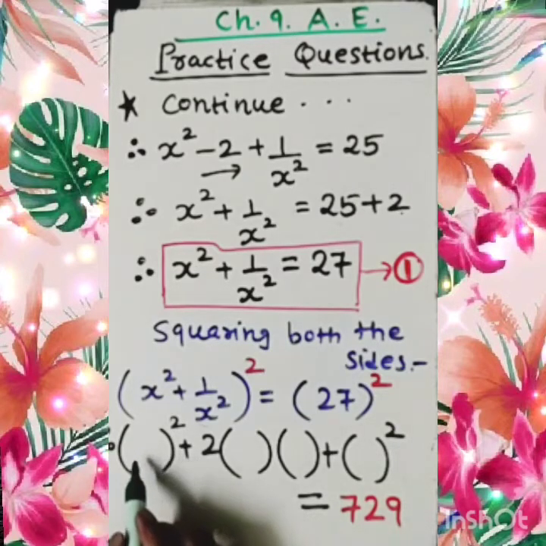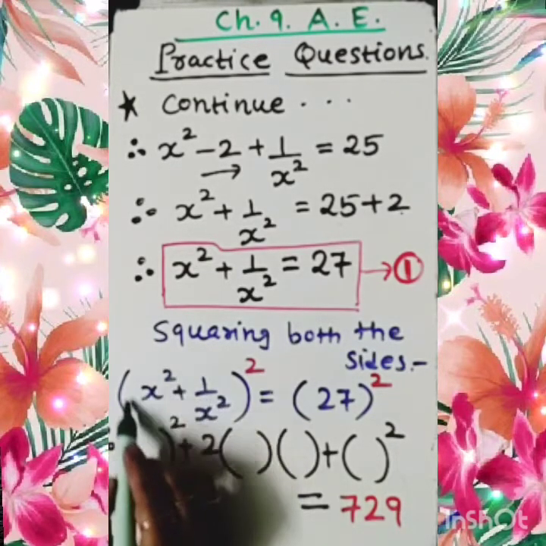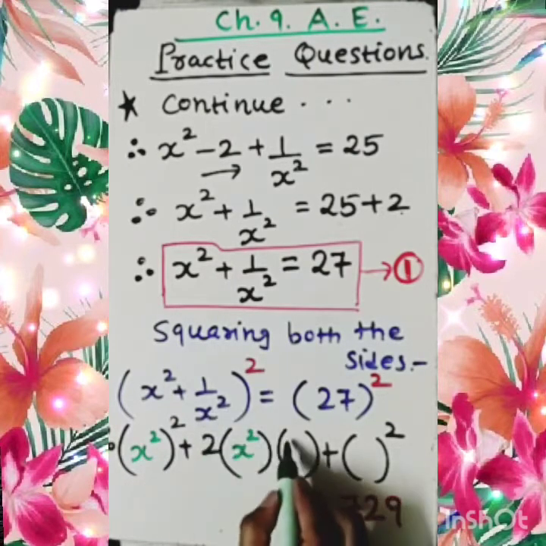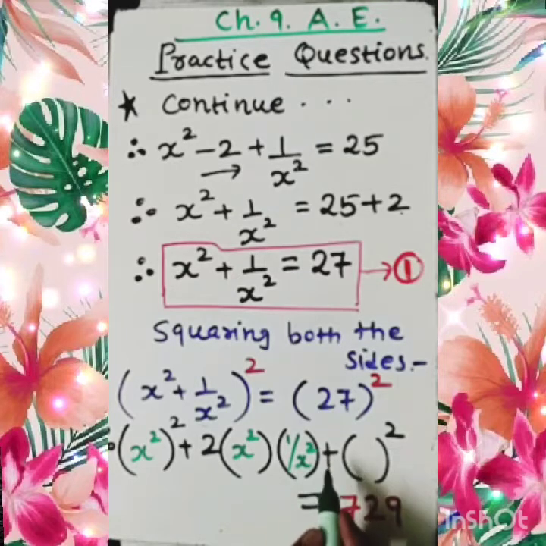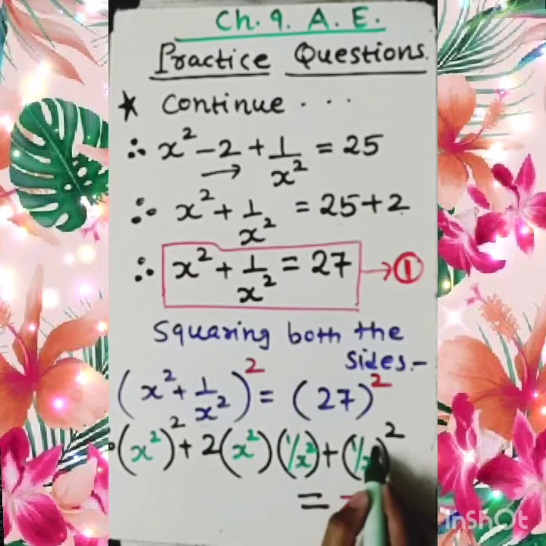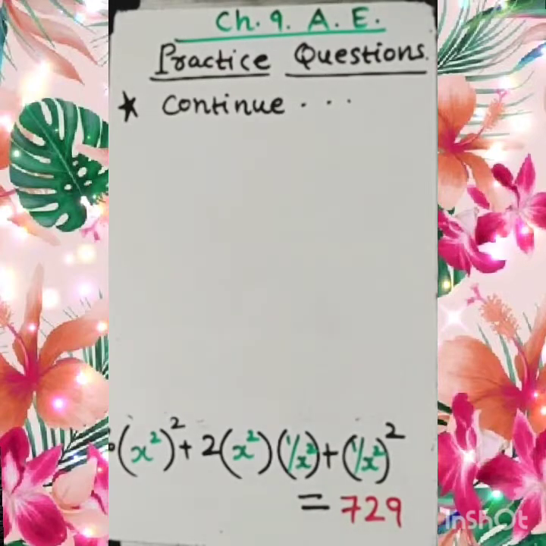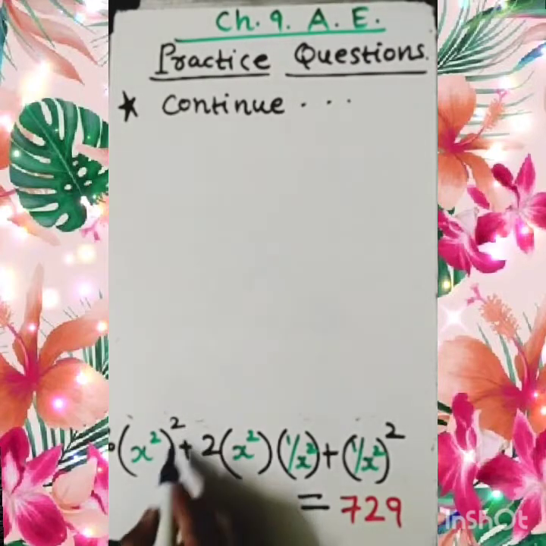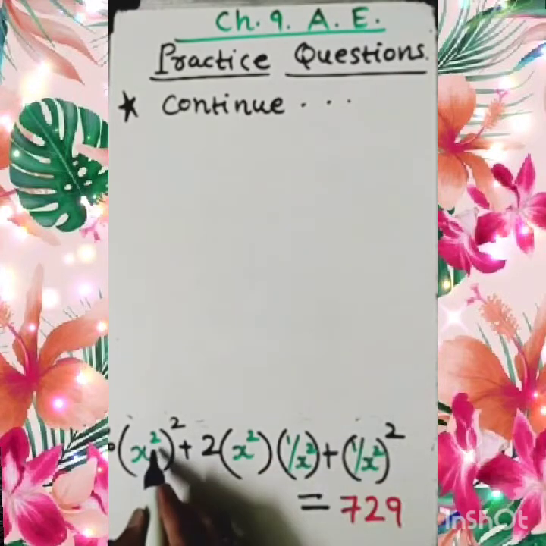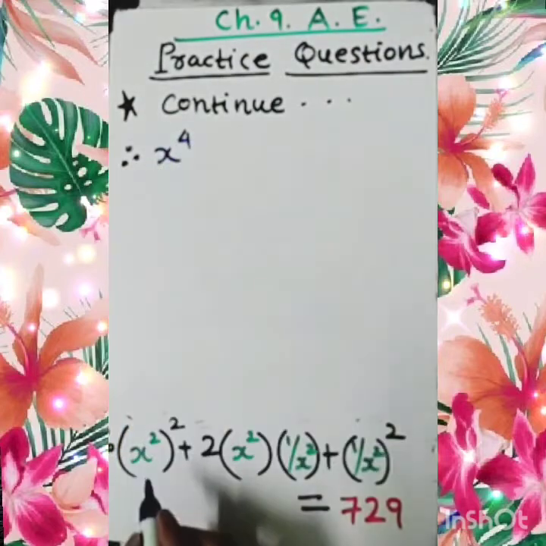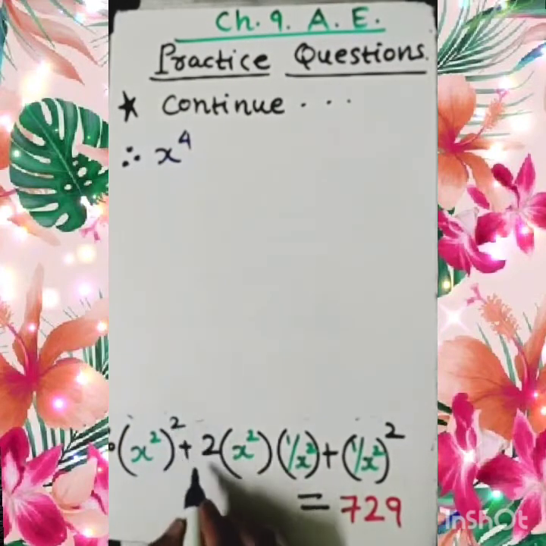And now, what about A? A is the first term, A equal to x square. What is B? That is 1 upon x square. So, dear student, this we need to simplify now. If we simplify, square of square will be the fourth power. Therefore, the sign is compulsory. Squaring of square is the fourth power, plus.